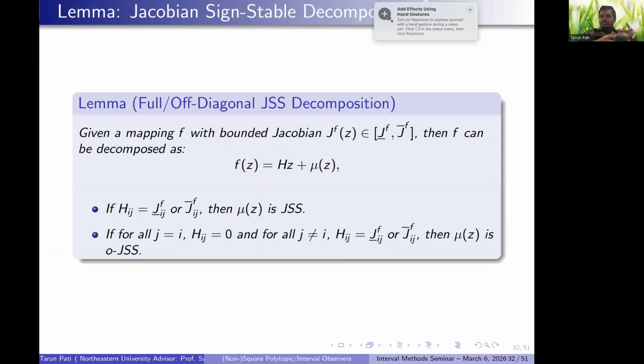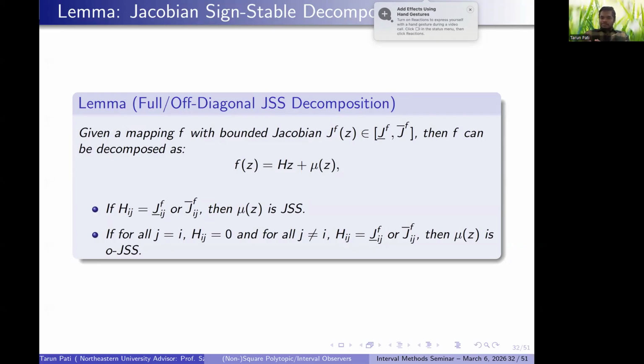So now that we've introduced off-diagonal Jacobian sign stability as well as how to construct a corresponding decomposition function, what we first do is this: given any nonlinear function f, we don't know if it's Jacobian sign stable or off-diagonal Jacobian sign stable.